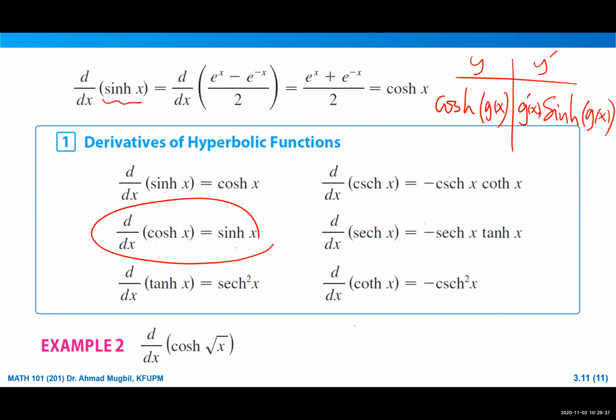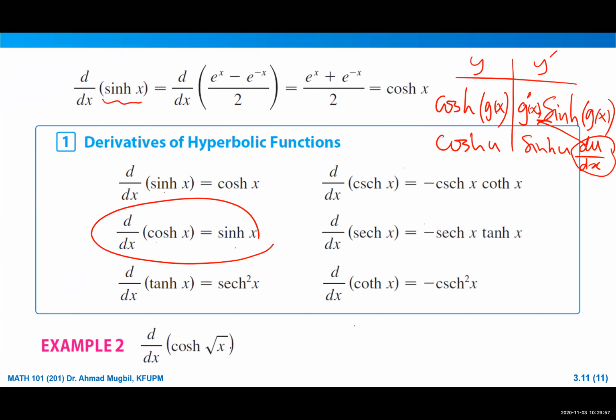So I advise you, shabab, rewrite this table with the chain rule like that. Some of you may prefer to write it this way: the derivative of cosh u is sinh u times du/dx, the same idea. du/dx is g prime.